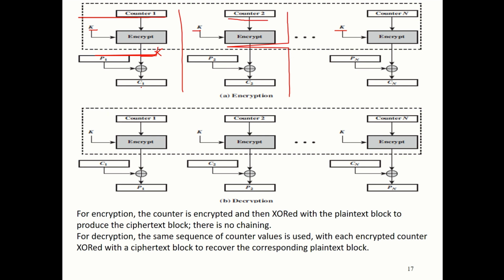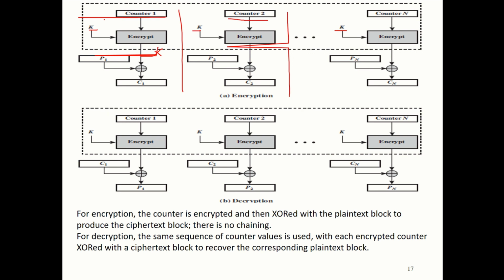So the counter mode has similarity to the previous ones because we have the encryption block, and also we have the XOR after the encryption, similar to the CFB and OFB.